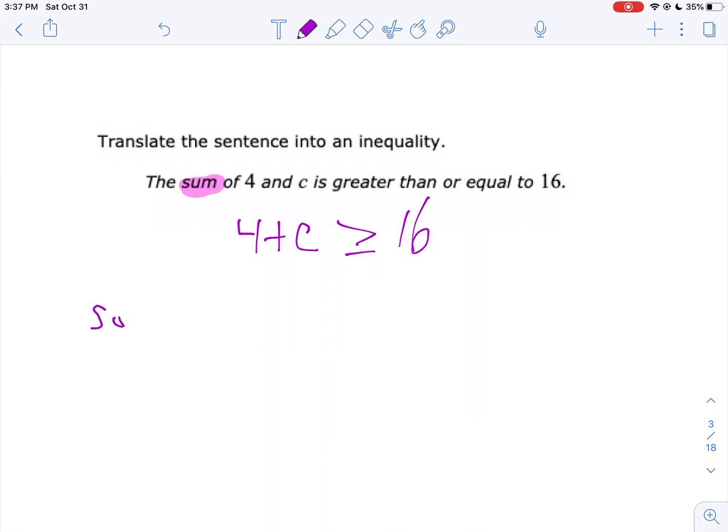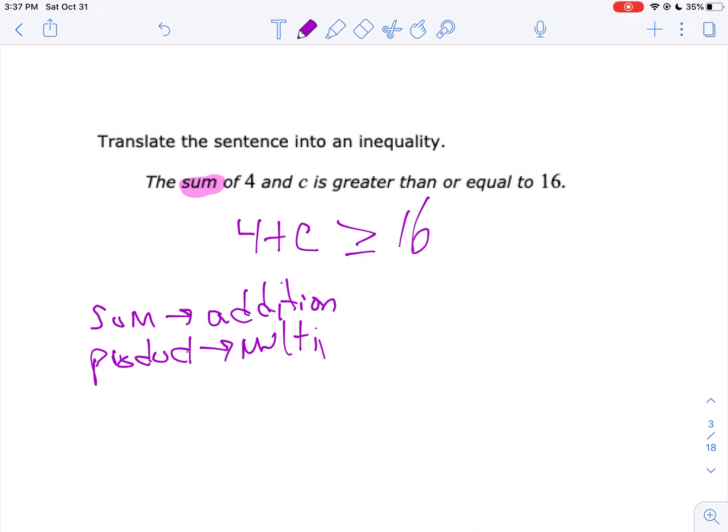Sum is the answer to an addition problem. What you did was product. Product is the answer to a multiplication problem. Might as well go over the others too in case you see them.